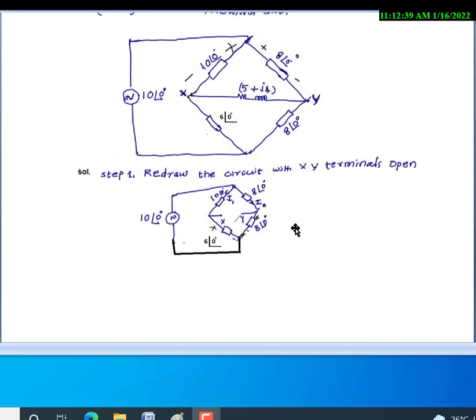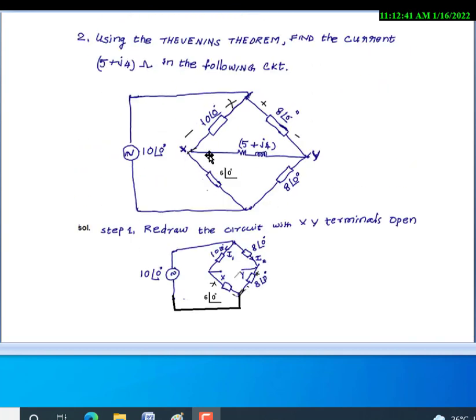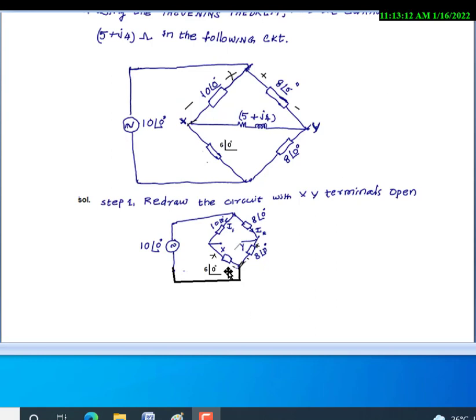Now, to get the voltage across X and Y, we have to calculate the voltage across the 6 ohms resistor, and similarly the voltage across the 8 ohms resistor. Then we take the difference of the voltages across the 6 ohms and the 8 ohms.